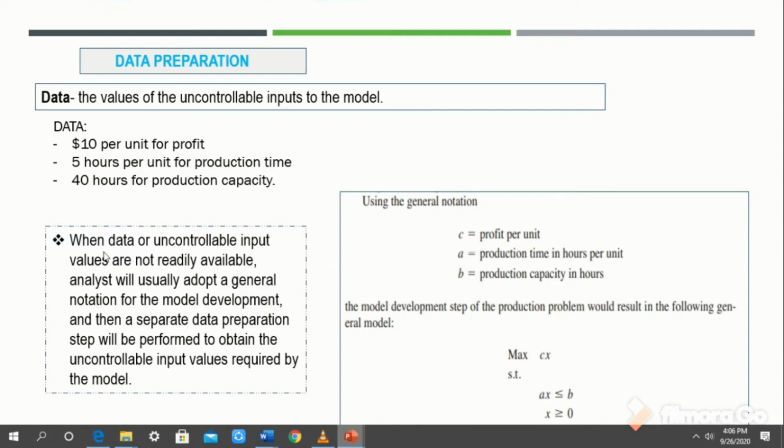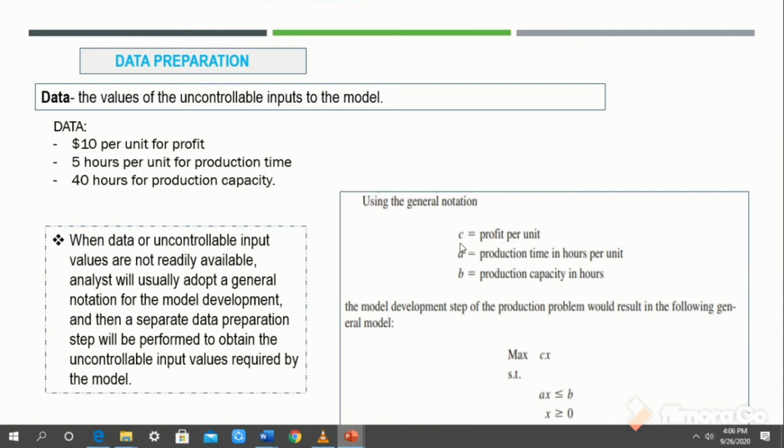So, when data or uncontrollable input values are not readily available, analysts will usually adopt a general notation for the model development, and then a separate data preparation step will be performed to obtain the uncontrollable input values required by the model. So, nag-himo ta og general notation. And then, katong kuwang, himuan na siya og separate data preparation step.